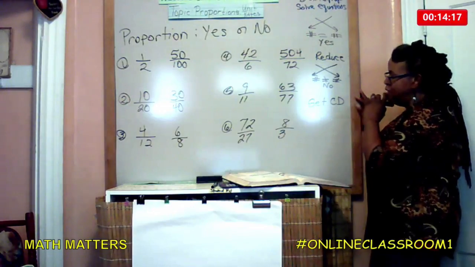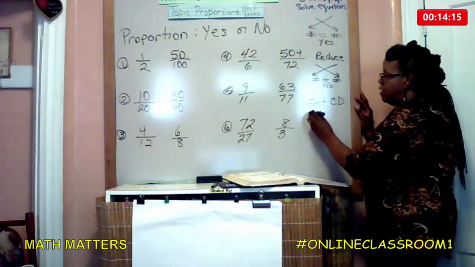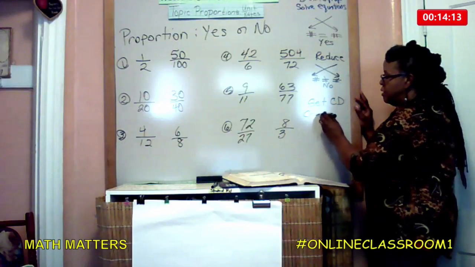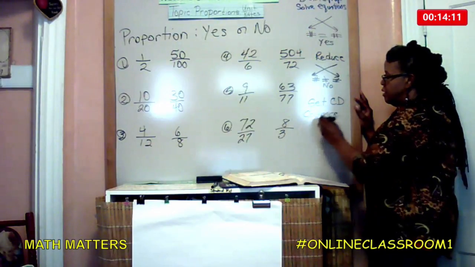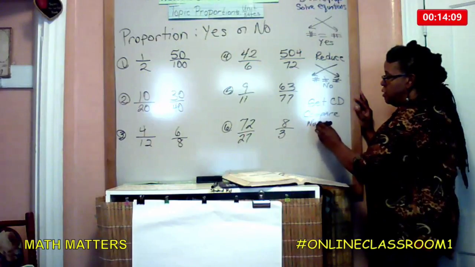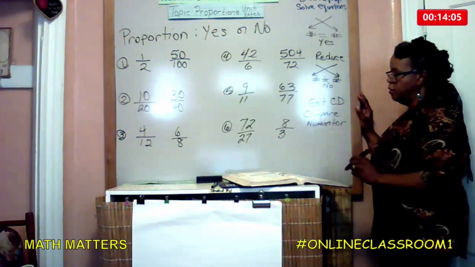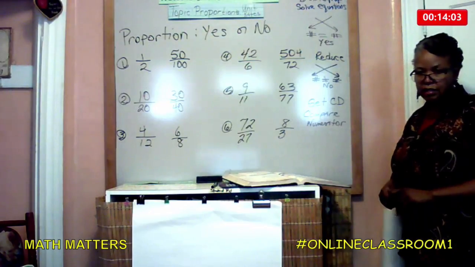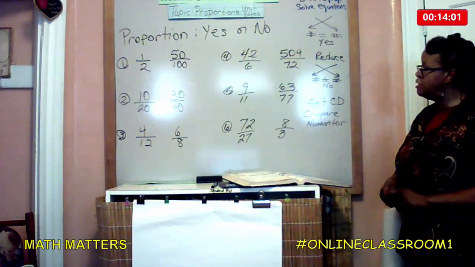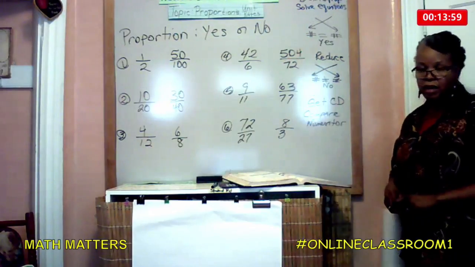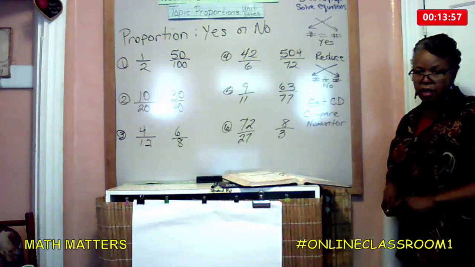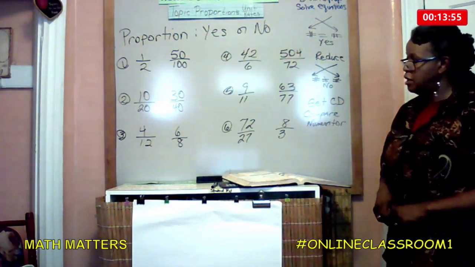We can get a common denominator and compare the numerators. So with those hints and tips and strategies in mind, go ahead and tell us if we've got a proportion or not.